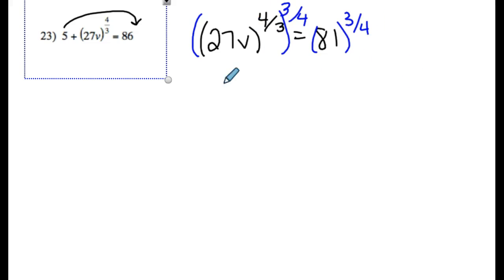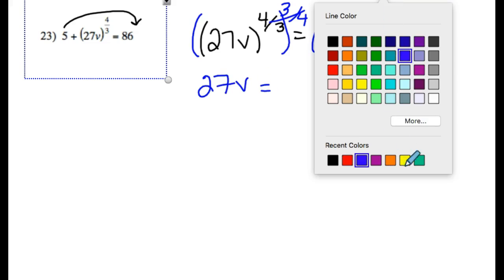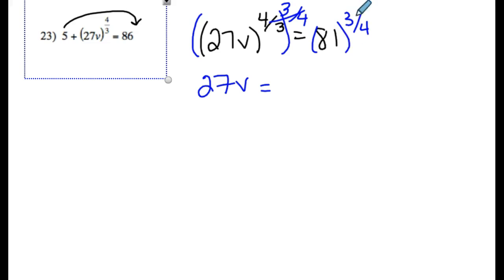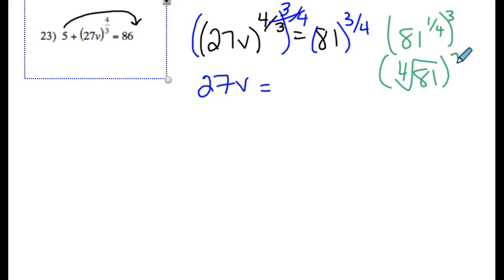So this part undoes each other and I'm left with 27v is equal to, and now I need to think through, well, how am I going to do this? I know I can do 81 to the 1/4 and then cube it. So the 4th root of 81, and then I'm going to cube it. The 4th root of 81 is 3, and then when I cube it, I'd get 27.